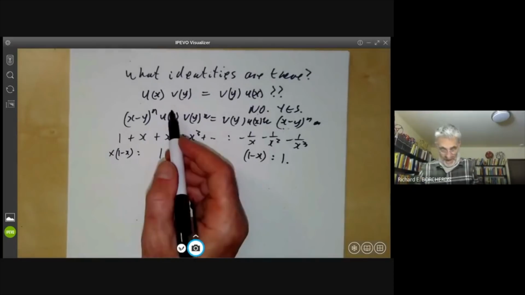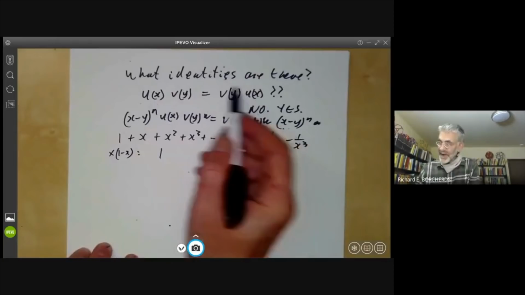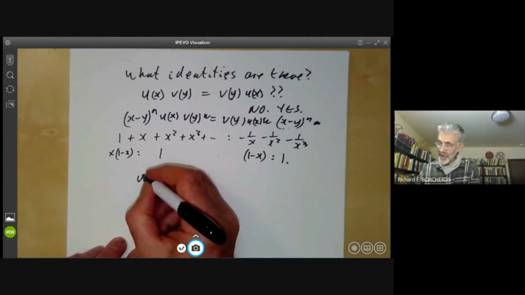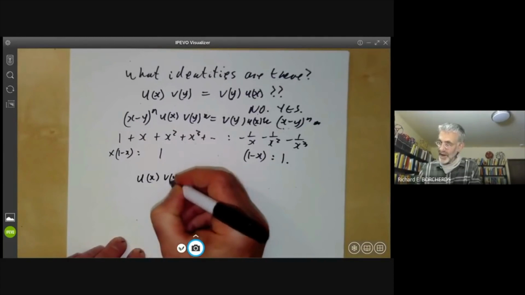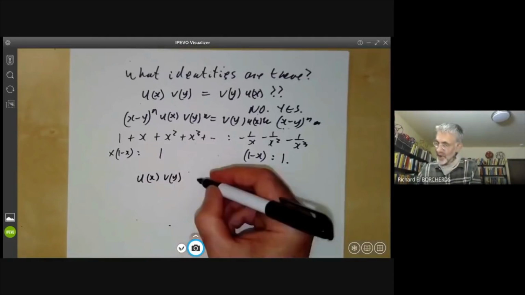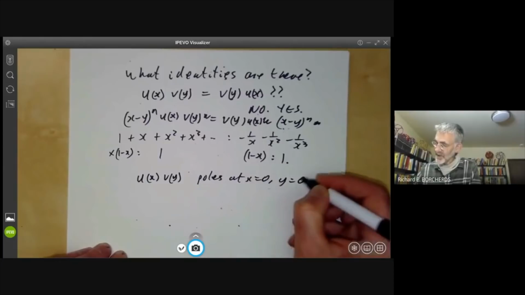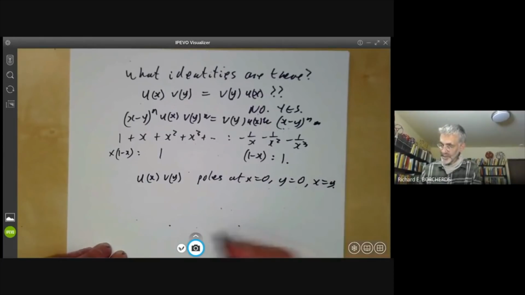Now, once you've discovered this, it's quite easy to write down some identities satisfied by the coefficients of these operators. For example, you see that u_x v_y in some sense has poles at x equals 0, y equals 0, and x equals y.